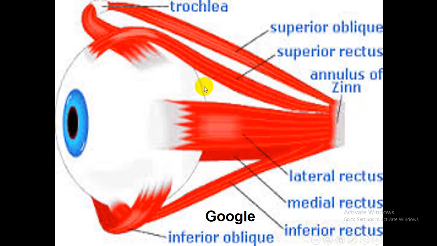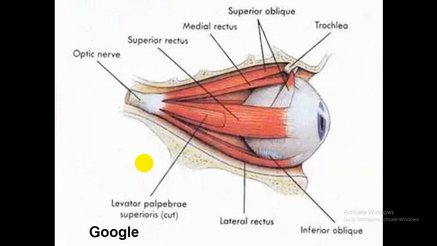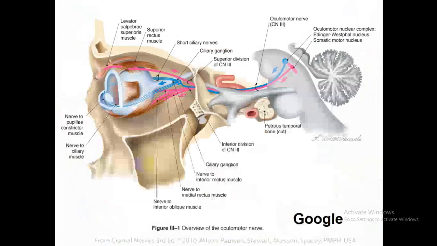The two oblique muscles are the superior oblique and the inferior oblique, in addition to another muscle, the levator palpebrae superioris muscle which passes to the upper eyelid. From its name, levator means elevator, palpebrae means lid, superioris means upper, so it passes to the upper eyelid.